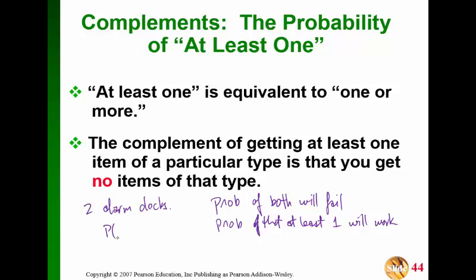So the probability of one alarm clock working is 0.85, so the probability that it will not work will be 0.15.